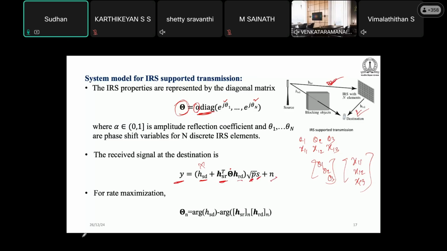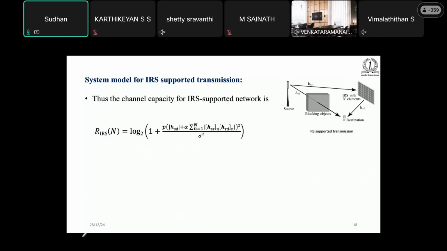Now for rate maximization, whatever channel phase we have, it has to be compensated at the receiver. Whatever phase we introduce from here and here has to be optimum, that's why theta n is chosen for rate maximization, because we need constructive combining. So if we provide this theta n, there will be constructive communication.